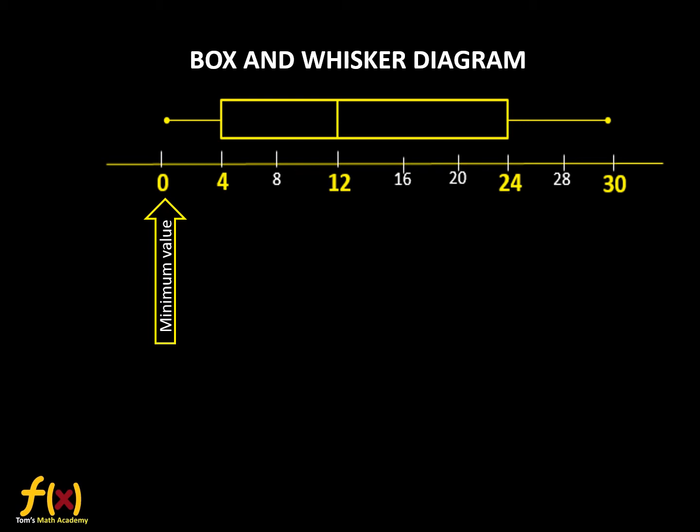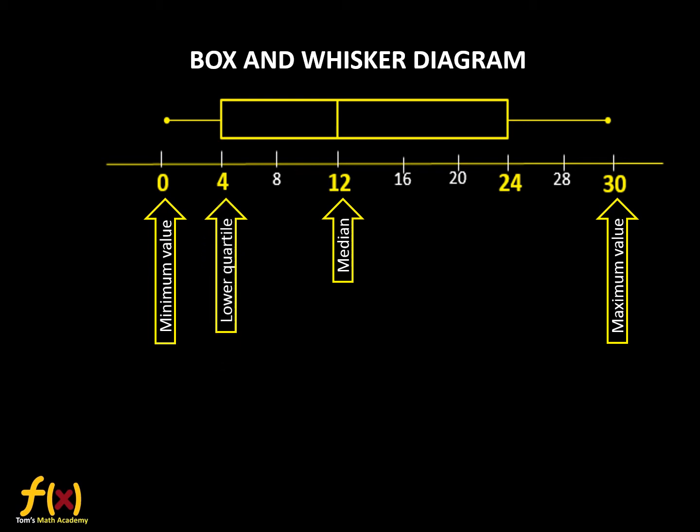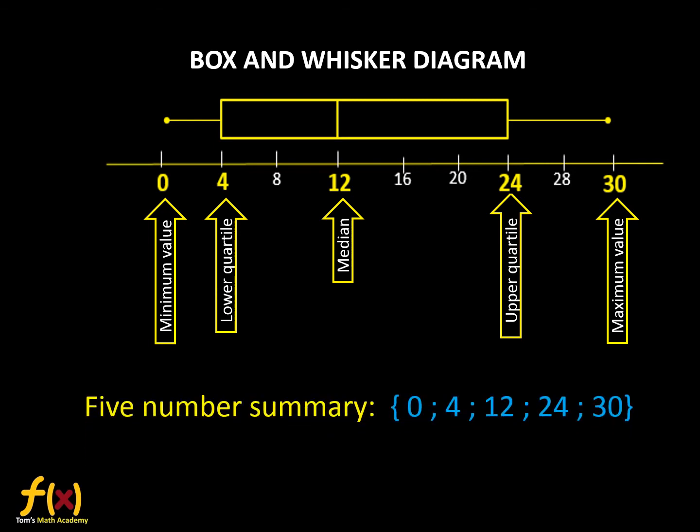So we mark all the important values here. Minimum value, maximum value at the end. Then here the median is 12, lower quartile 4, and the upper quartile is marked 24. So this is how the box and whisker diagram is represented.